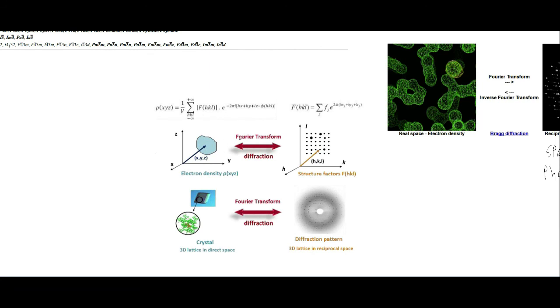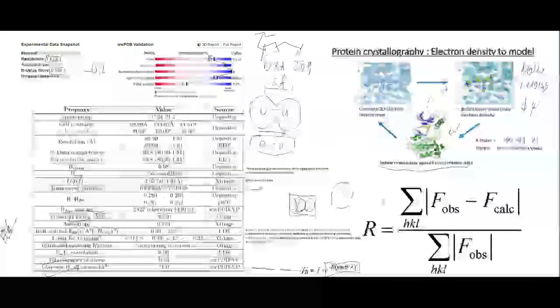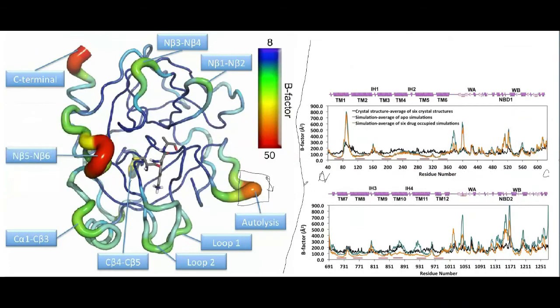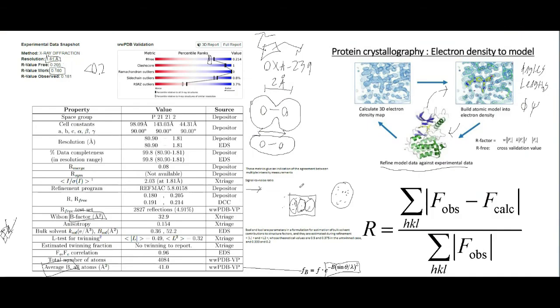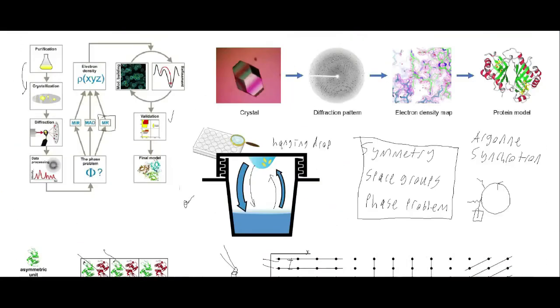And from that, we can actually get the electron density map. And from the electron density map, then we could model in our atoms. And from there, we can generate our model. And I will show you what that looks like here in just a second.